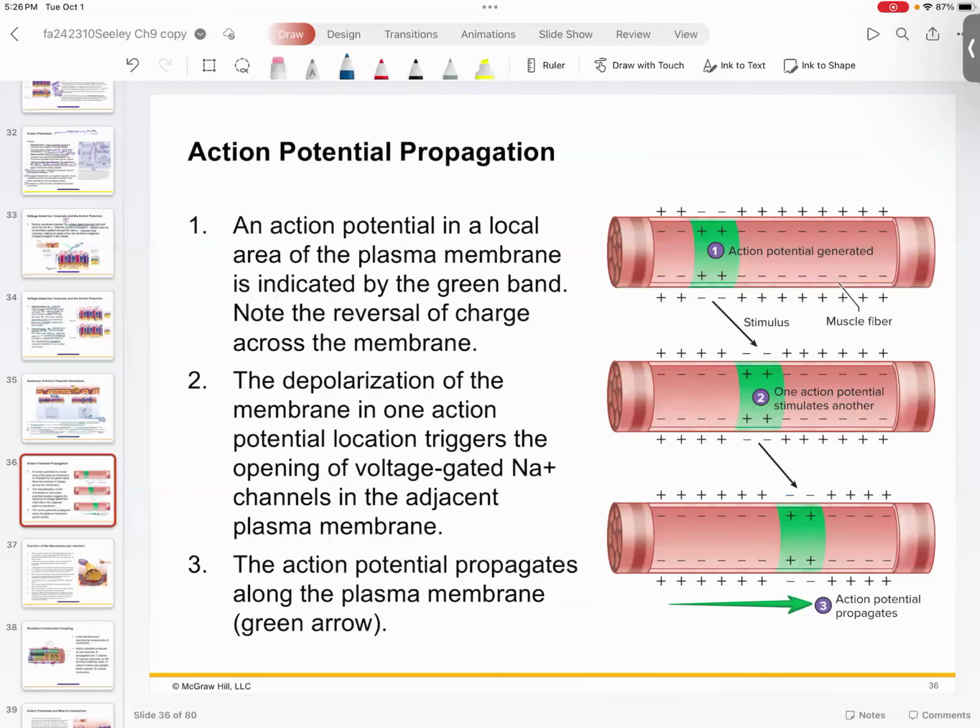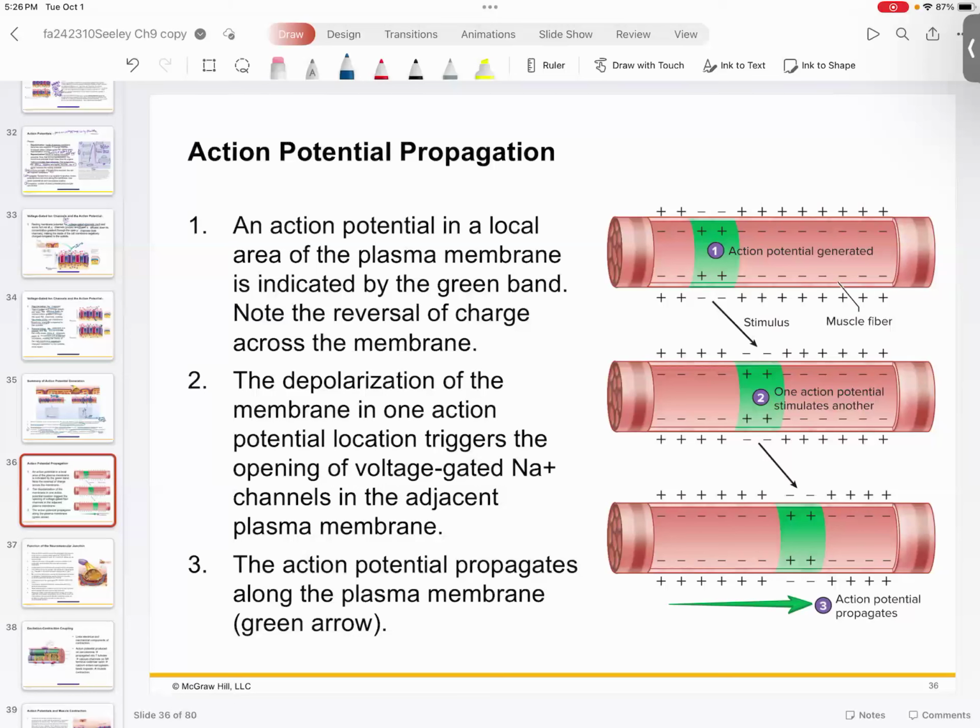Okay. And so then the next piece that we need for action potential is not just how do we create the action potential, but now how do we move the action potential down the axon or from one part of the membrane to another part, right?